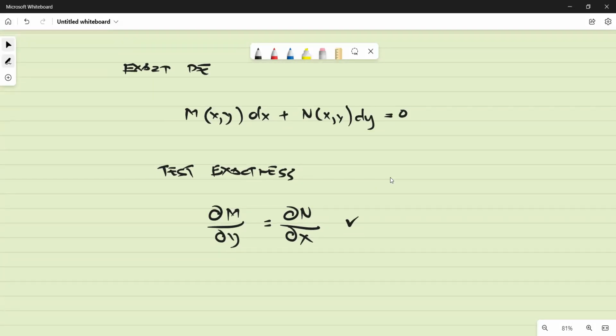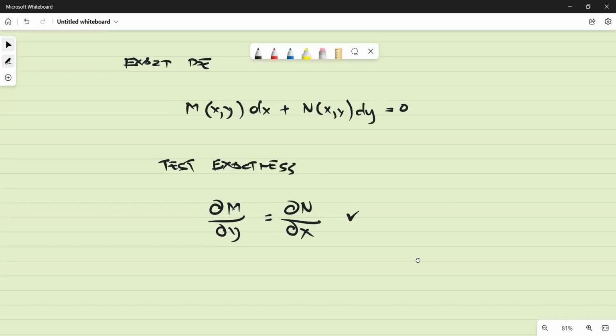And when we say we can solve this, we can get the general solution of this differential equation using the exact differential equation method. So let's start.